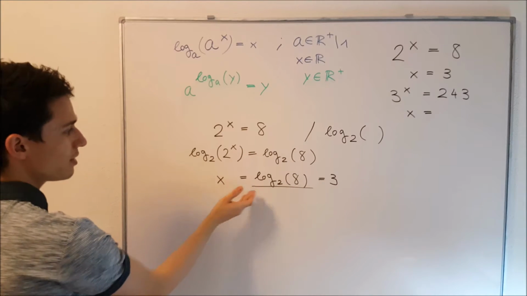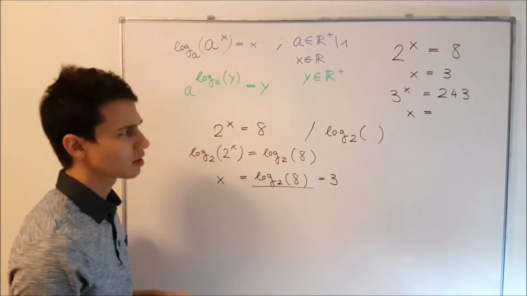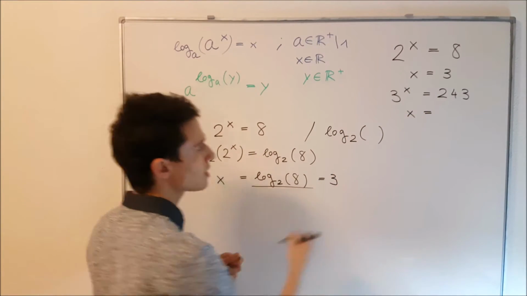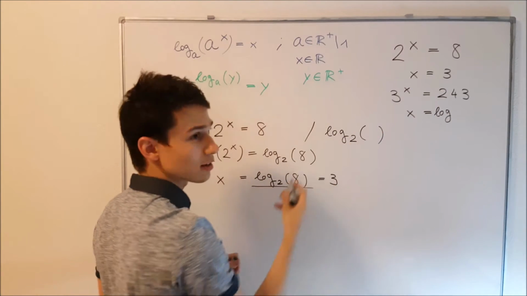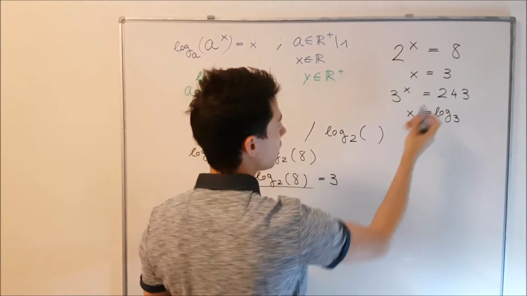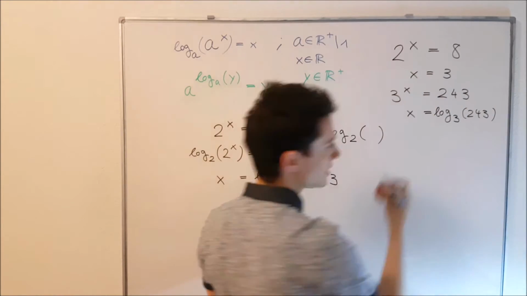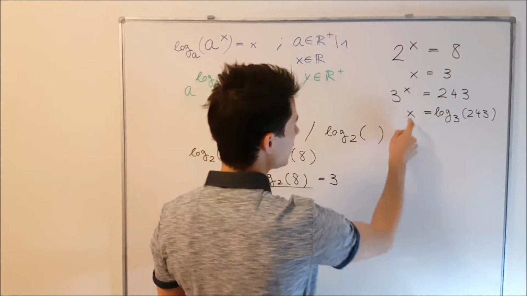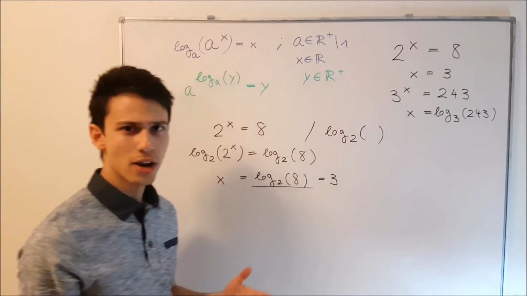And we can apply this, for example, also to solve this problem up here. So in this case it would be the log to the base 3, which is already in the exponential function, of 243. Because this tells you 3 to which power x equals 243.